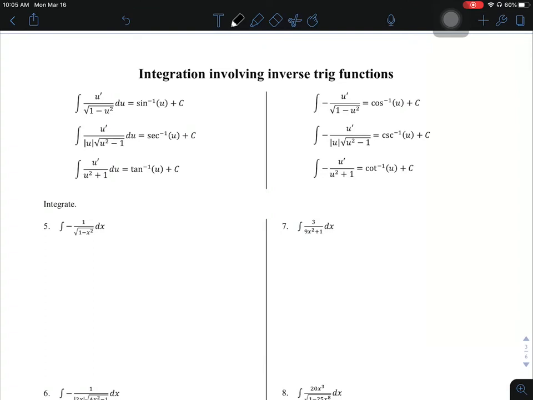Number 5, this negative here in front clearly means we're talking about one of these 3. This is 1 minus x squared, and if you look here, 1 minus u squared, this is definitely going to be cosecant. So let's just see if this matches up perfectly. Let me bring this down here so we can see this better.